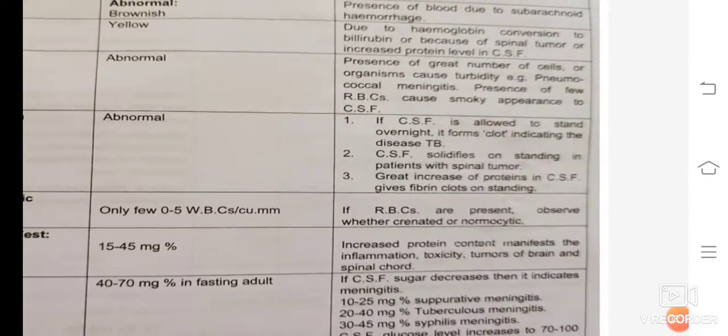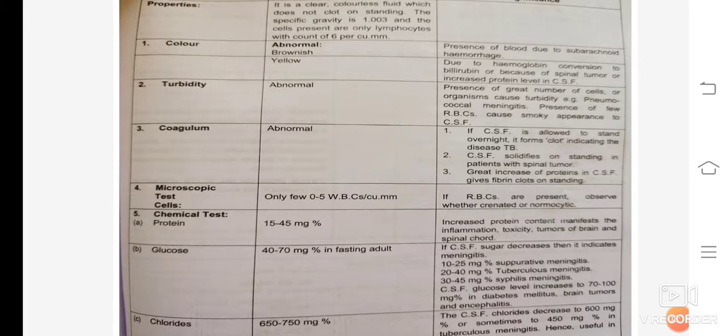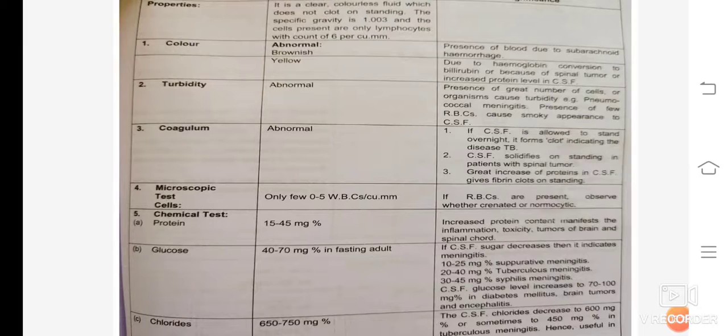In color, the abnormal value is brownish color, due to presence of blood from subarachnoid hemorrhage. It is brownish color.